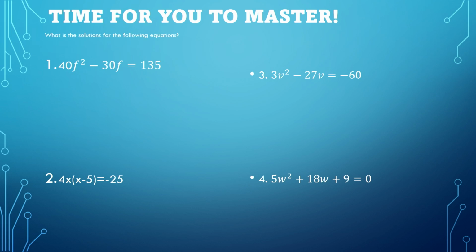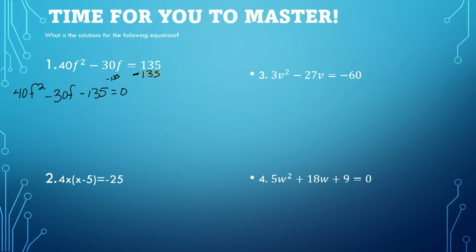So here we go. First thing I'm going to do is I'm going to get all of my terms together. So I'm going to be subtracting 135, and I'm going to get a different color. We're going to subtract 135 on both sides. So I'm going to have 40f squared minus 30f minus 135 equals 0.